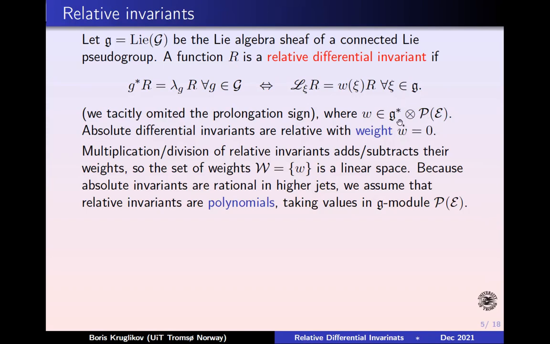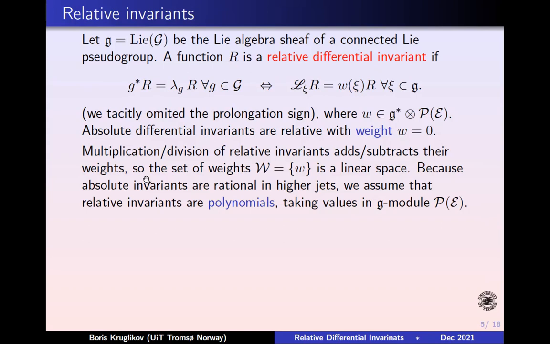If G is big, that's important, because G may be infinite dimensional. Of course, absolute differential invariants just correspond to weight W equal to 0, or equivalently multiplier lambda equal to 1. So these are functional coefficients here, right? We can multiply by a function.